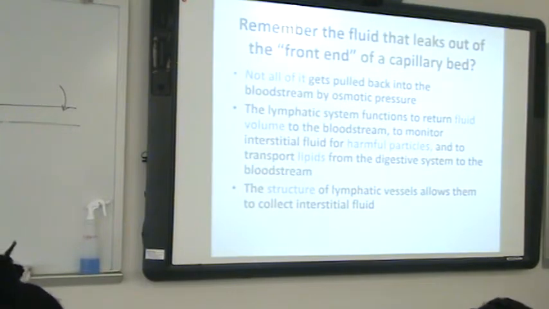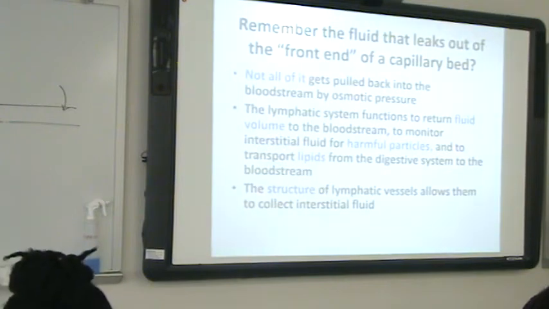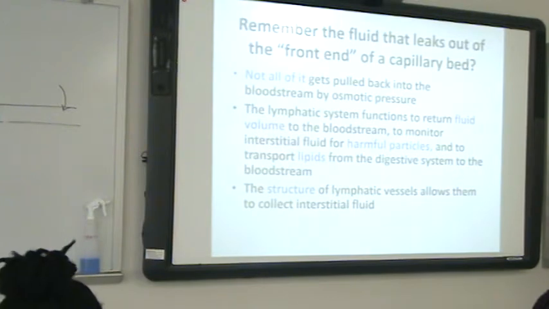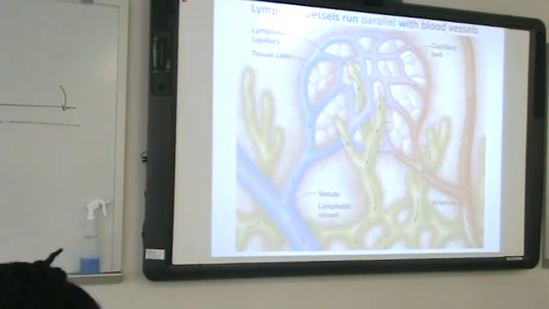The way that the vessels are structured helps it do the job. It helps pull the fluid, monitor it for particles, and also transport lipids, because it has a particular structure of these lymphatic capillaries.